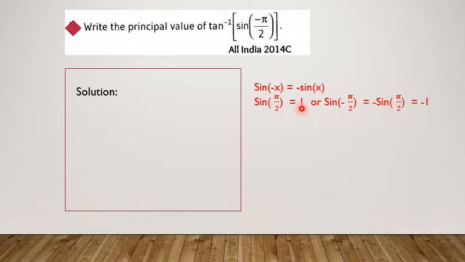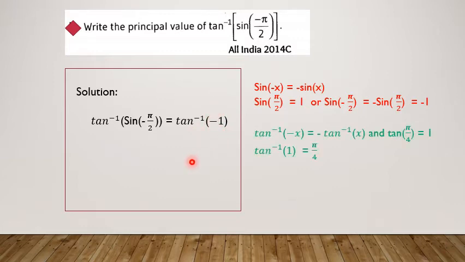What is sine pi by 2? It is 1. So this is equal to minus 1. That is, sine of minus pi by 2 is minus 1. Now we substitute sine of minus pi by 2 as minus 1. That is, tan inverse sine of minus pi by 2 equals tan inverse minus 1.